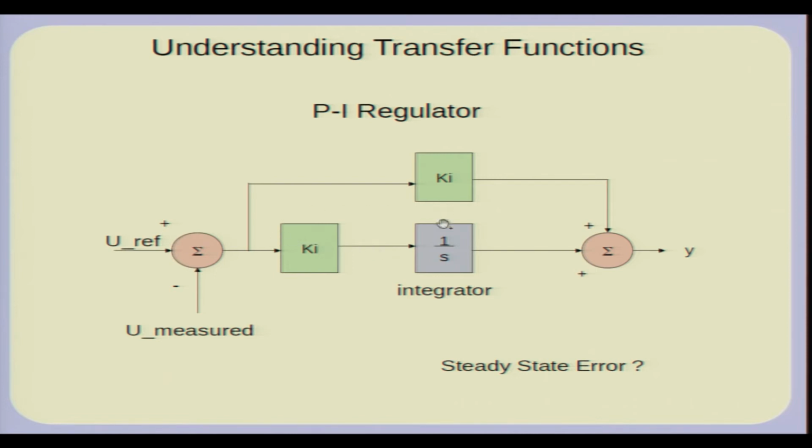If you have a PI controller, remember that the error is always driven to 0 in the steady state, as long as you are stable. If you are not stable, of course, you will never reach the steady state, but if you are stable, then this is driven to 0. So, a PI controller is one of the controllers which drives the steady state error to 0.